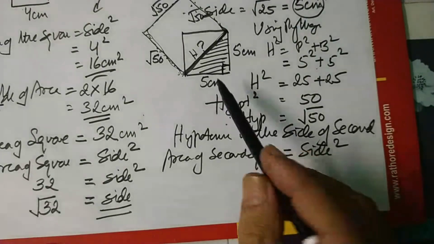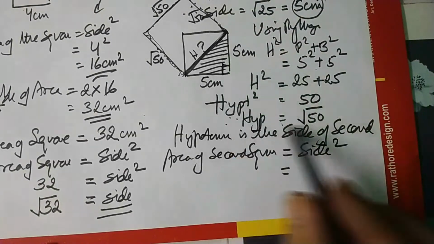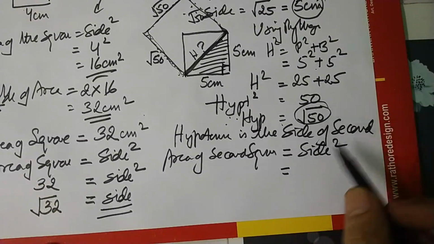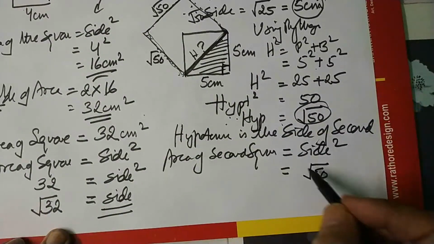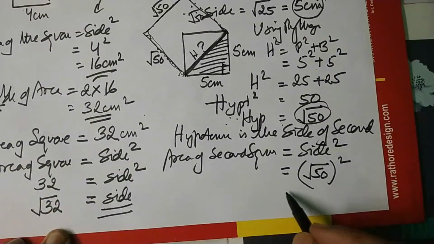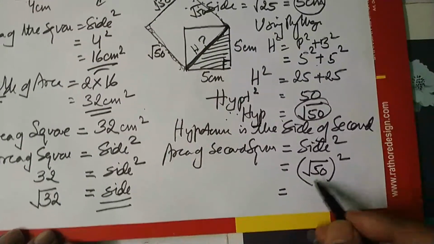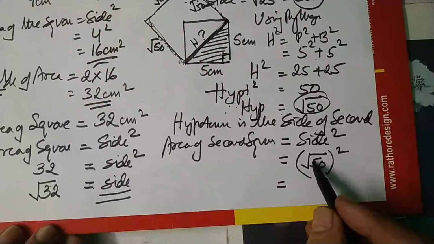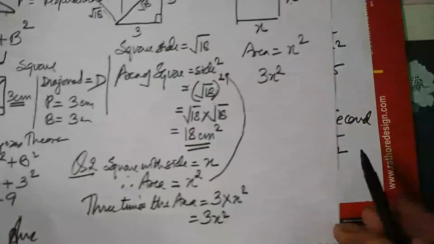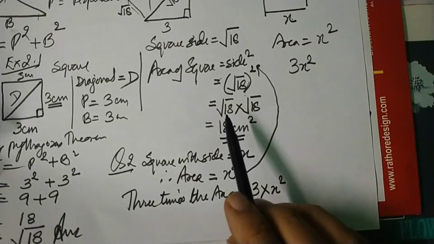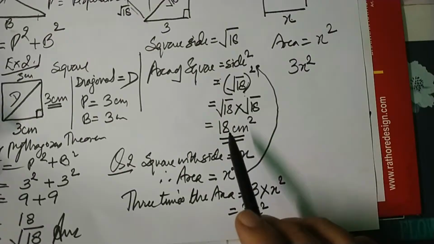What is the side of the second square? It is root 50. I have found this. So if I write under root of 50 here, I have to square it. What will it become? Under root 50 into under root 50 is how much? It is just like under root 18 into under root 18 is 18.